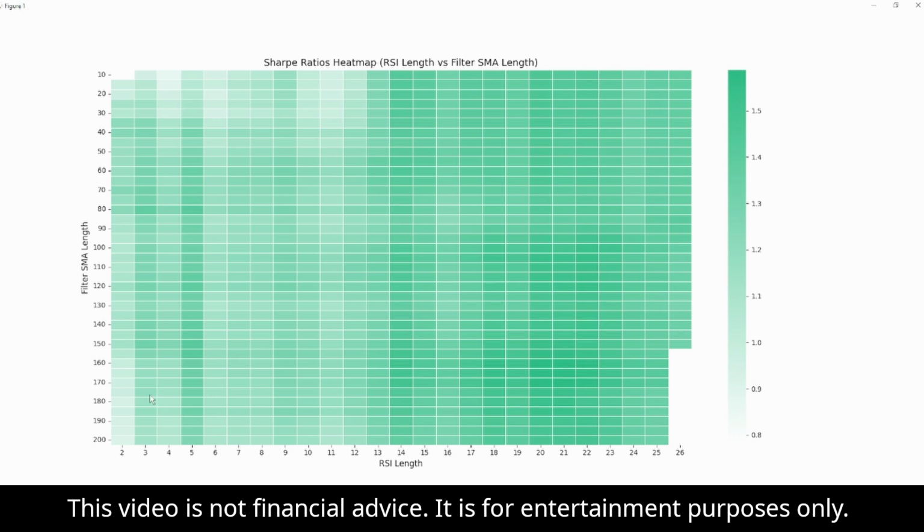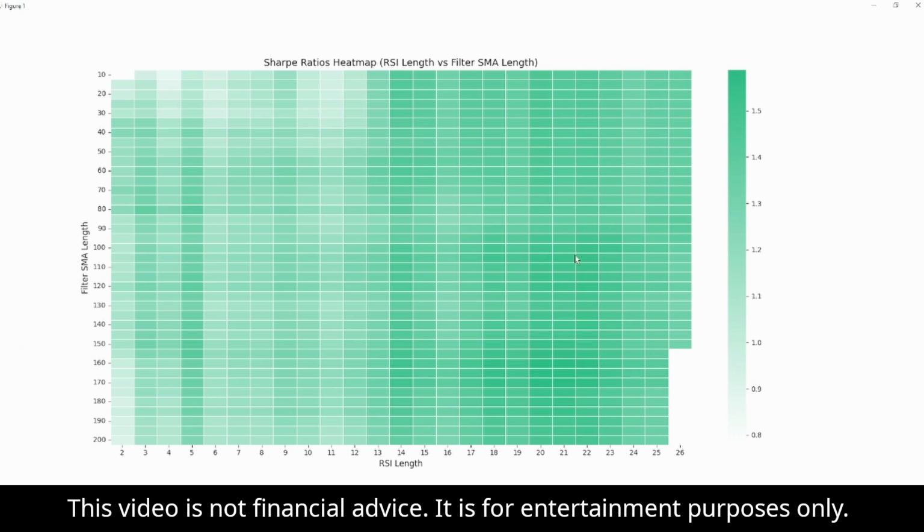The y-axis is the simple moving average length, so we apply a filter where we enter the trade only when the price is above that simple moving average, and the best performance would have been around these very green areas, with a length of about 20, 22 for the RSI and about 100, 120 for the simple moving average.